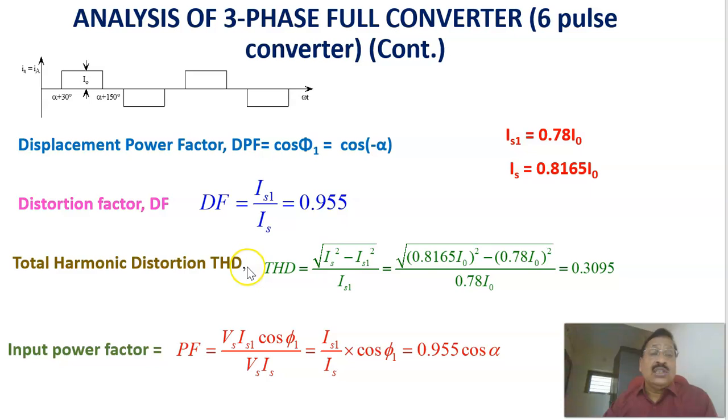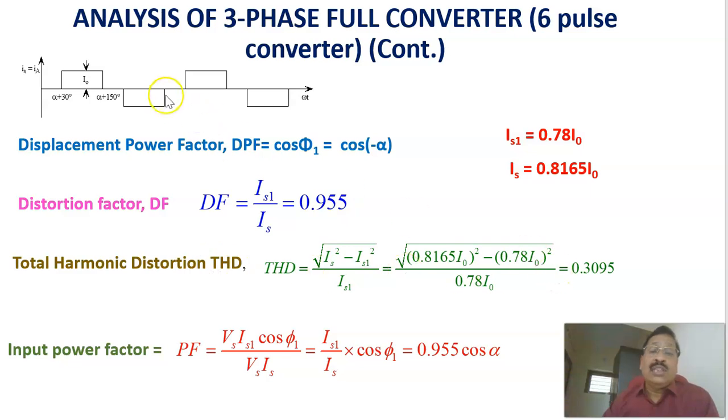Now, the total harmonic distortion is the ratio of the RMS value of the harmonics to the RMS value of the fundamental. Therefore, square root of IS square minus IS1 square is the RMS value of the harmonic component, and we calculate it with respect to the fundamental RMS value IS1. Substituting, the square root of 0.8165 I0 whole square minus 0.78 I0 whole square, divided by 0.78 I0, is equal to 0.3095, or 30.95 percent.